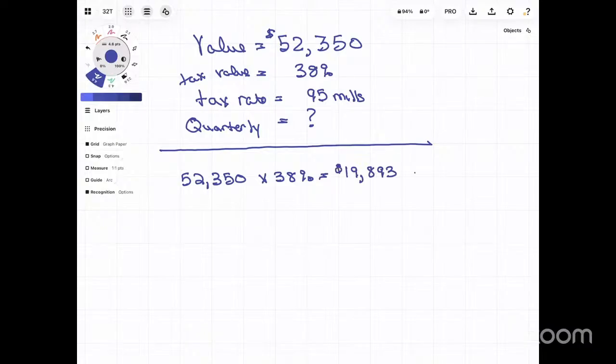That is our assessed value. So whatever the taxes are, we're going to base it off of this assessed value. You're not going to pay taxes as if your property's worth 52,000. You're paying taxes as if the property's only worth 19,000, almost 20.